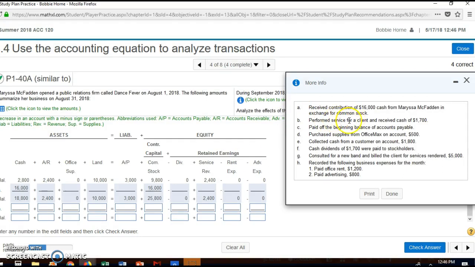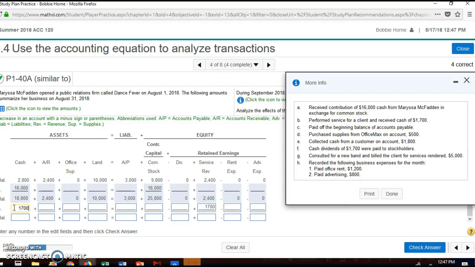Performs service for a client and receive cash. Anytime you perform a service, you record revenue. So anytime you see that a company performs service for a client, you record the amount of the service as revenue. So service revenue is $1,700. In this transaction, we actually did receive cash.